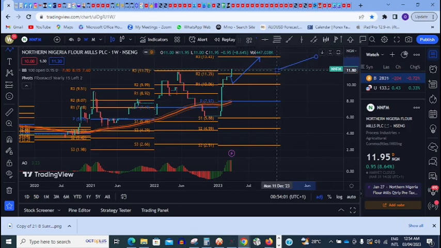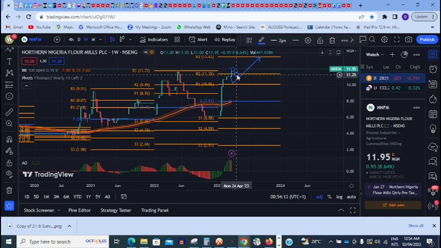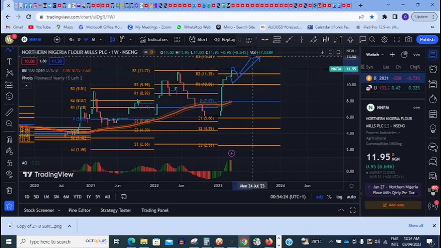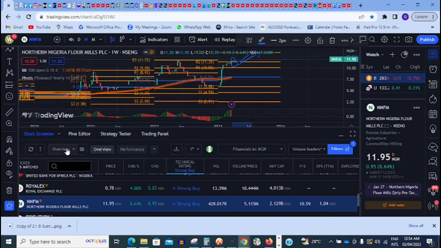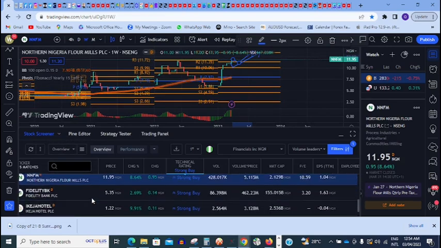Most likely path for this. So if you want to buy, you can buy at the low of last week or at least R3, because R3 is about to become a support now. It's broken, might come for a retest and go back up. That's pure price action. That's for NNFM.